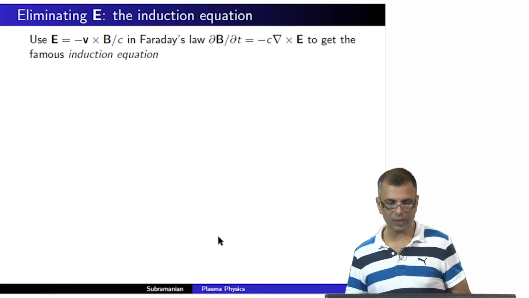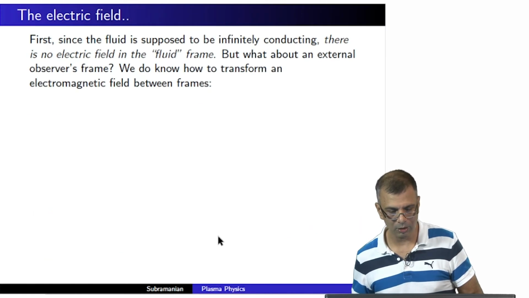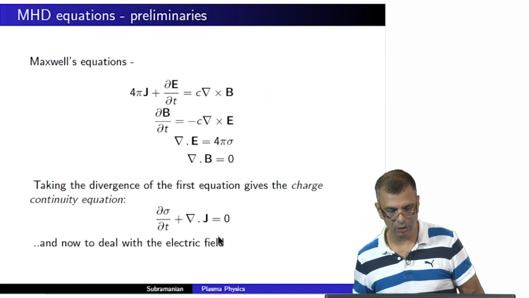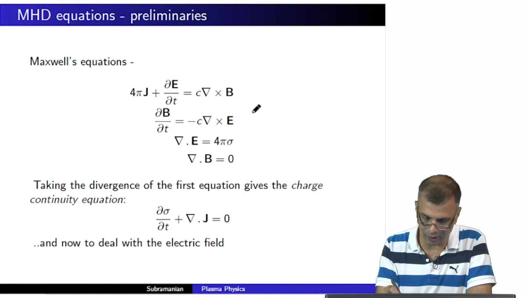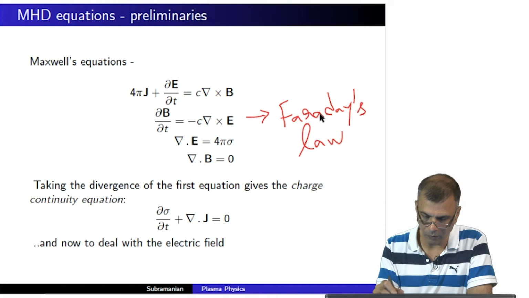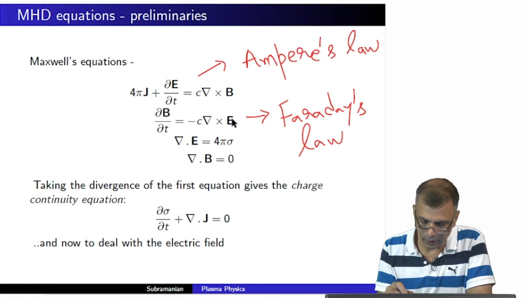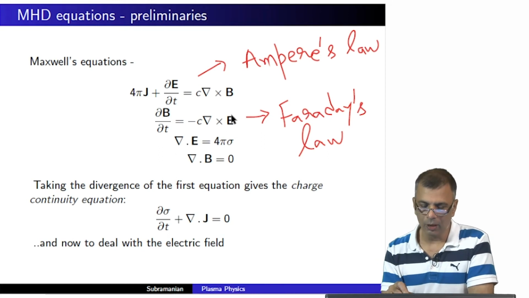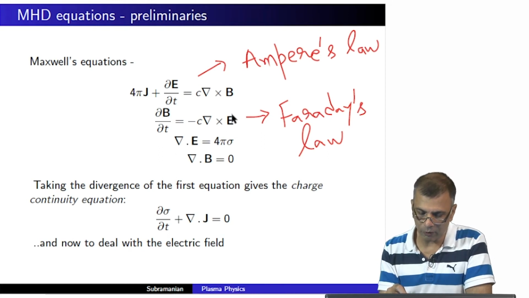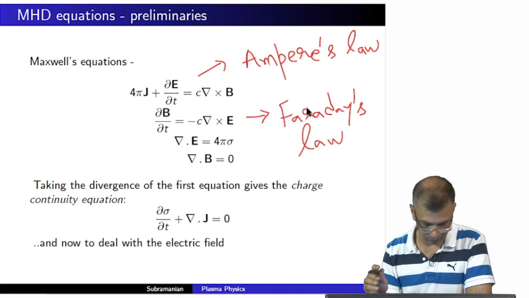So in the basic Maxwell's equations that we saw, this was Faraday's law, and this is Ampere's law. Right. So what we are going to do now is substitute for the E that we found inside Faraday's law.